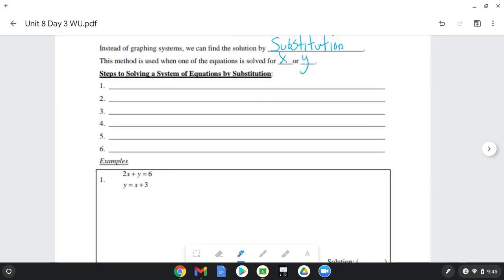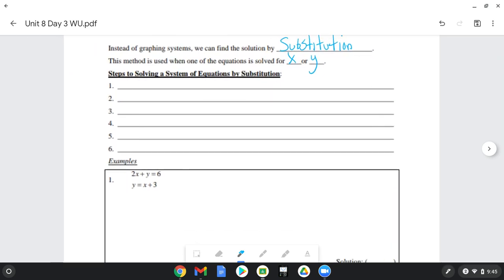So here are the steps. Step 1 is to circle the expression after the x equals or y equals. So I'm going to do a problem with you. I'm going to do example 1 down below.